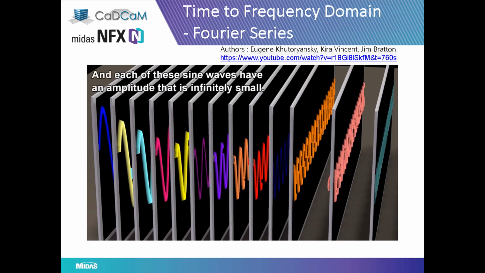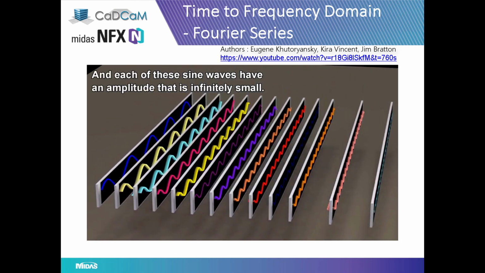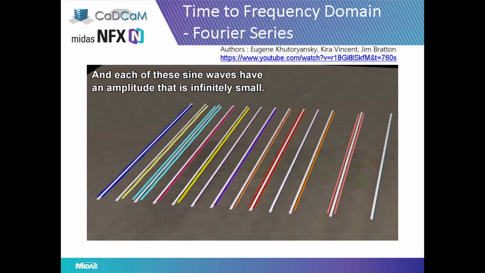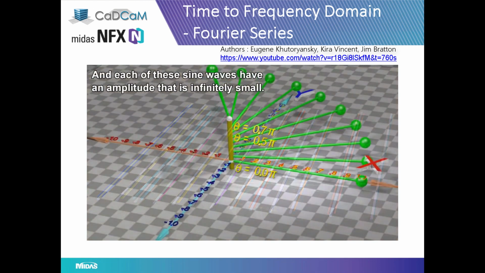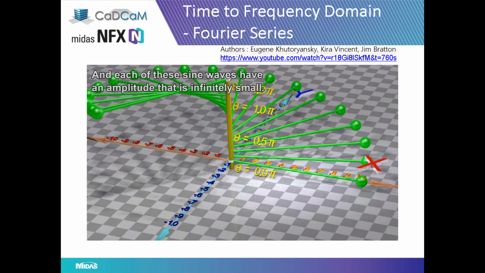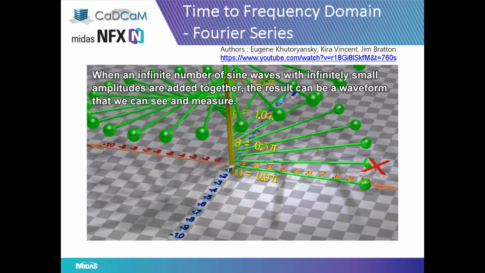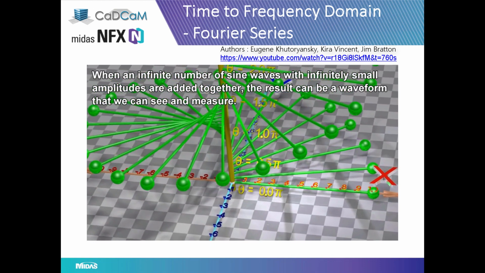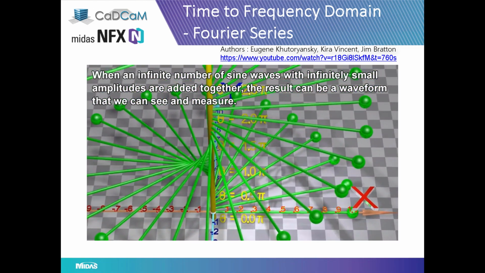And each of these sine waves has an amplitude that is infinitely small. When an infinite number of sine waves with infinitely small amplitudes are added together, the result can be a waveform that we can see and measure.